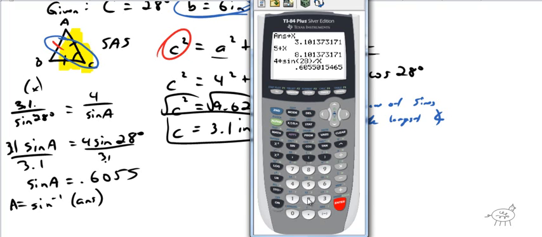So let's go back, and it's inverse sine of second negative sine, which is answer, close parenthesis, and we get 37. And then if I convert that to degrees, minutes, and seconds, 37 degrees, 16 minutes. So 37:16.